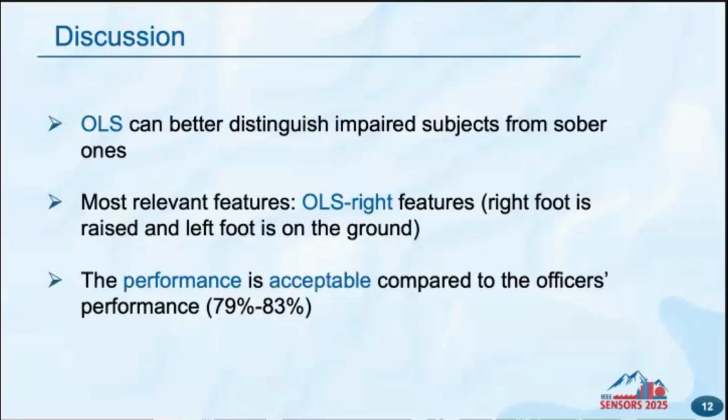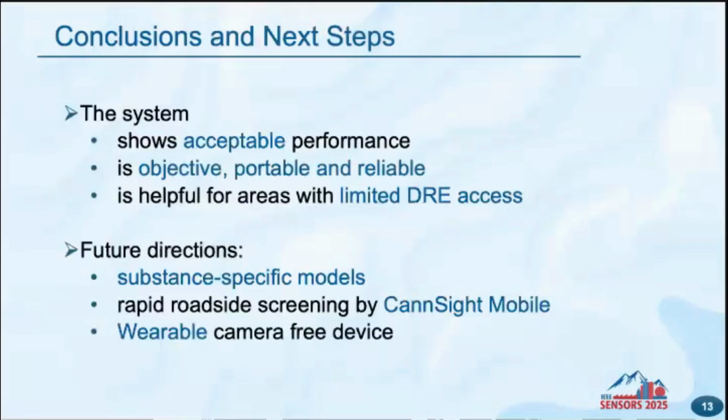So when they were impaired, it was more difficult for them to maintain their balance. That's why we think OLS right foot shows better results and features. Also, the performance of our classifiers is acceptable compared to officers' performance, which was 79 to 83 in walk and turn and OLS in the literature.